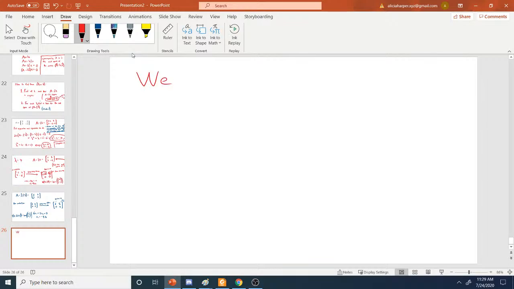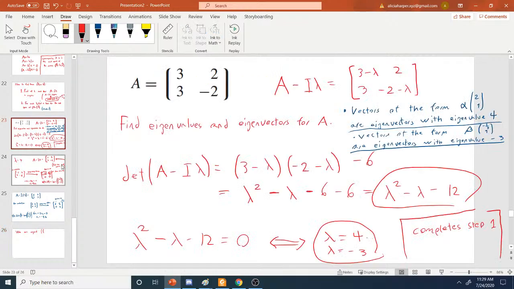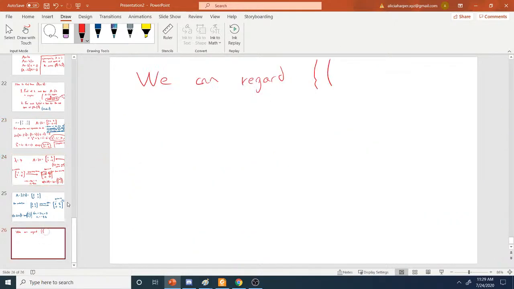We can regard 2, 1 and negative 1/3, 1 as a basis for R2.